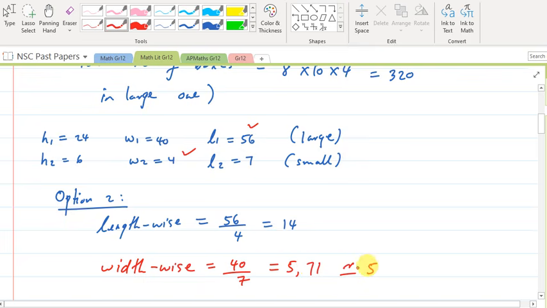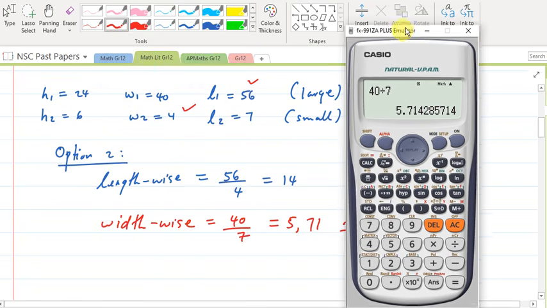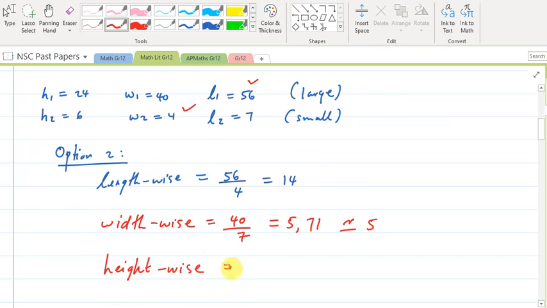Then the last one is height wise. Height wise, we take 24 and divide it by 6. So basically we're not changing the height of the box. So 24 divided by 6 is just 4, right? Therefore, what do we have?